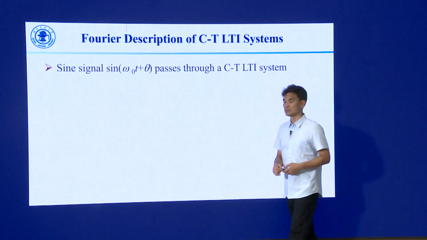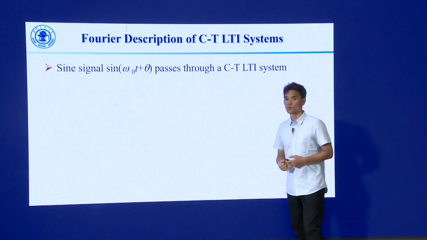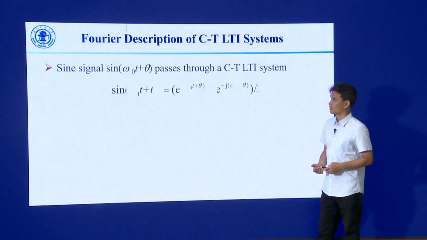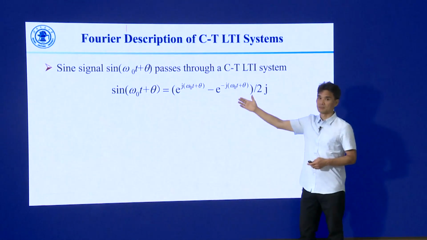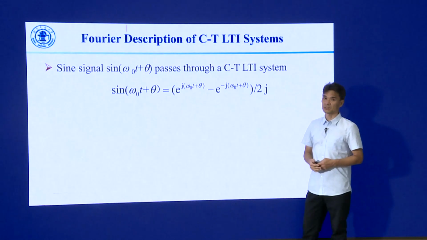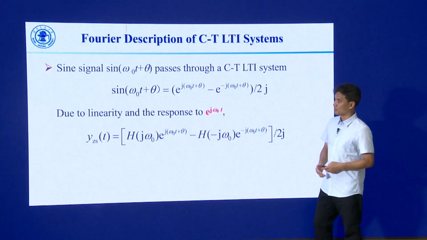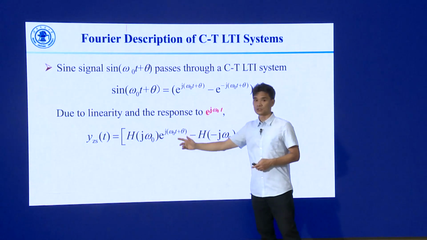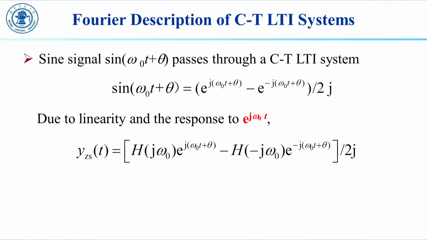Now let's study what the LTI system's zero-state response will be if the input signal is a sine signal. The sine signal can be represented by two imaginary exponential signals based on the Euler relation. By our understanding, if this is the input, then the zero-state response will be the same imaginary exponential signal modified by the system's frequency response.